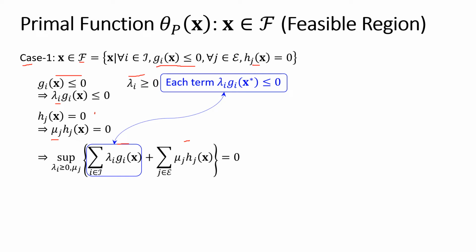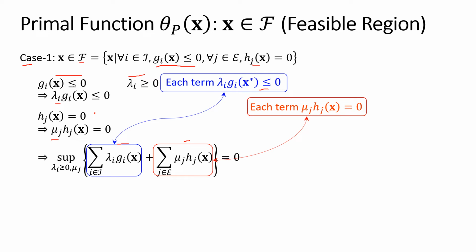Each term in the first summation must be less than or equal to 0, and each term in the second summation is equal to 0. So the first summation can only have a negative or 0 value, and the second summation can only be 0, whence the supremum of them is equal to 0.